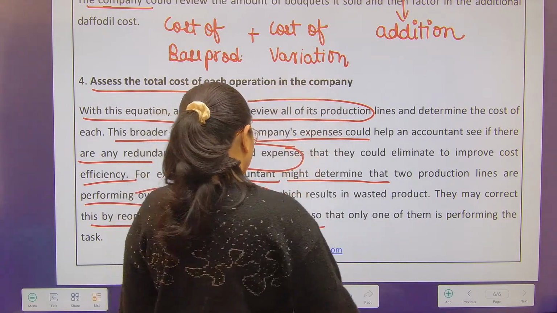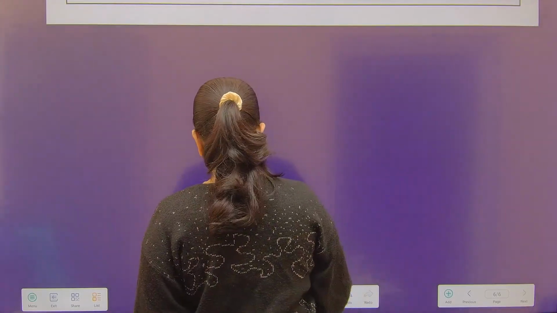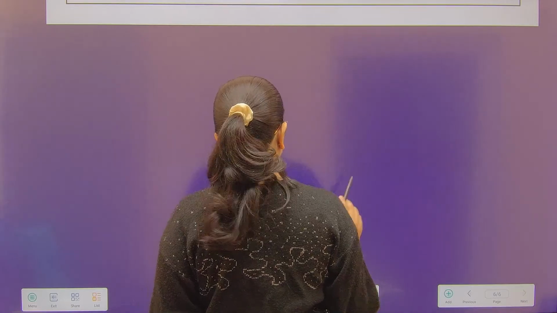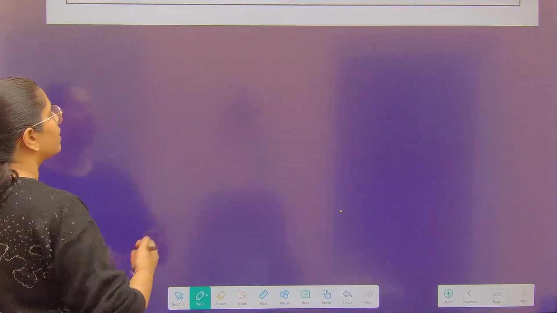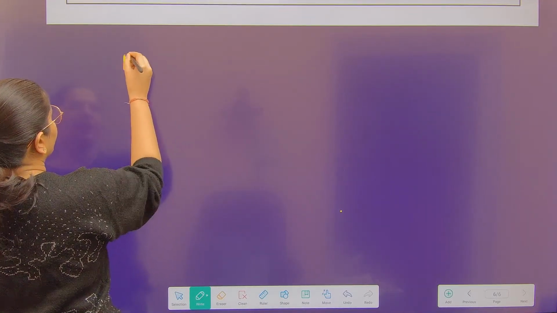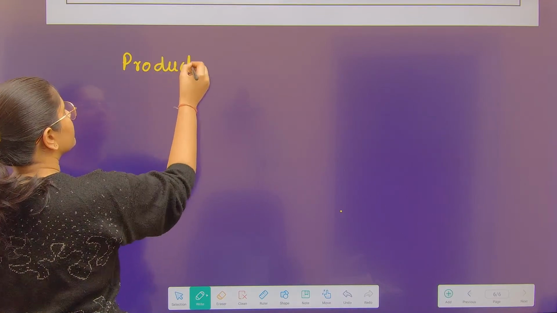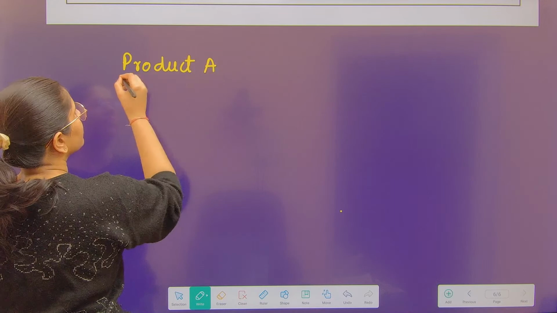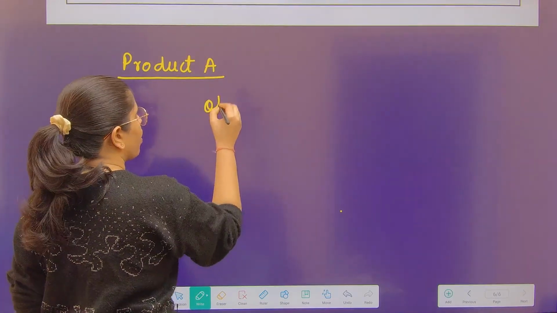See, in order to produce the product A, there are three operations which are involved.